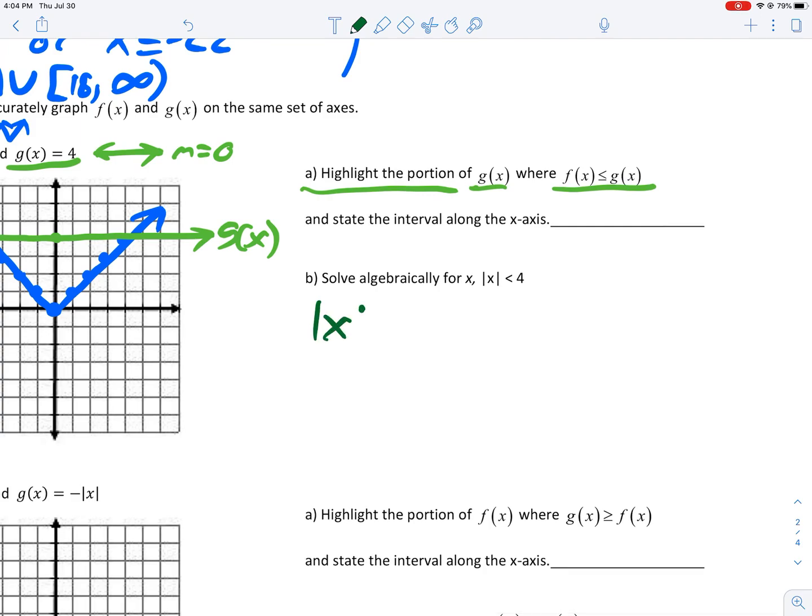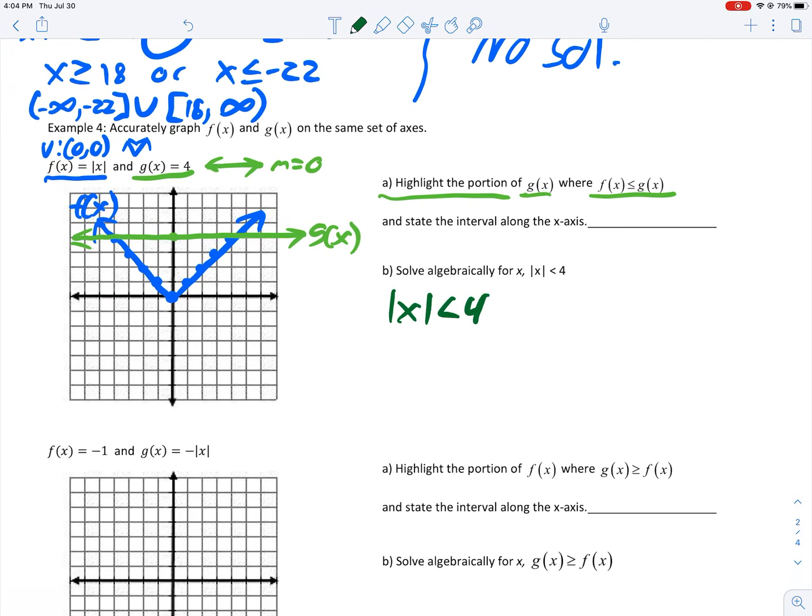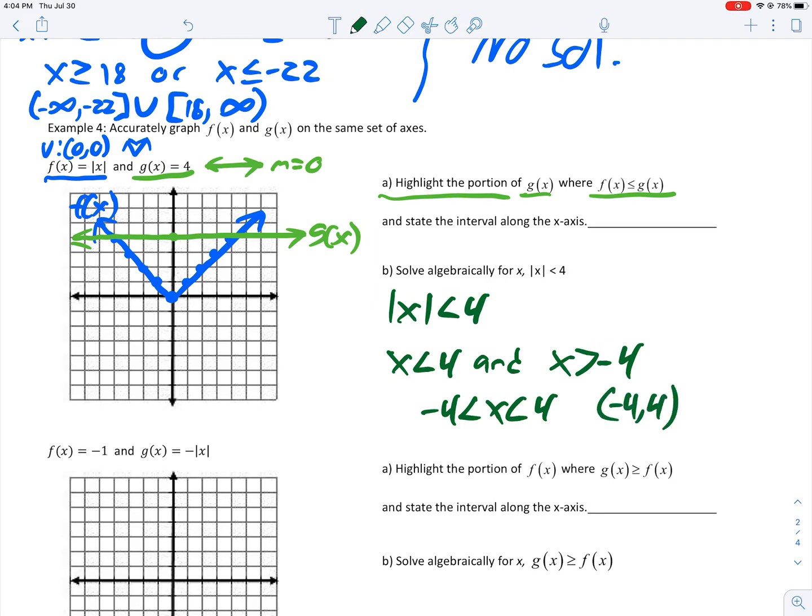Let's solve it algebraically. So solving algebraically, absolute value of x is less than 4. So that would be all the numbers that are less than 4, all the numbers that are greater than negative 4. So this would be and, right? X is less than 4 and greater than negative 4. Right? So it's from negative 4 to 4.